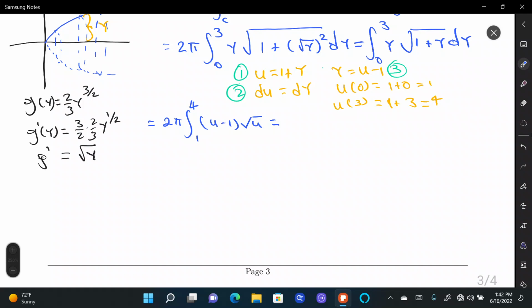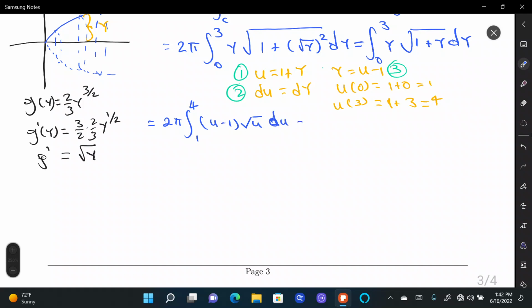If you don't change the limits, the way I usually do it is: when you do the U substitution, skip the limits, do the integration, and then after the back substitution, use the original limits, like in this case 0 to 3. But I prefer changing the limits because I skip the back substitution and I can just use the fundamental theorem of calculus in terms of u. Either way, it should give you the same answer. How do you do it on the exam? I'm okay either way, as long as you get the same result.